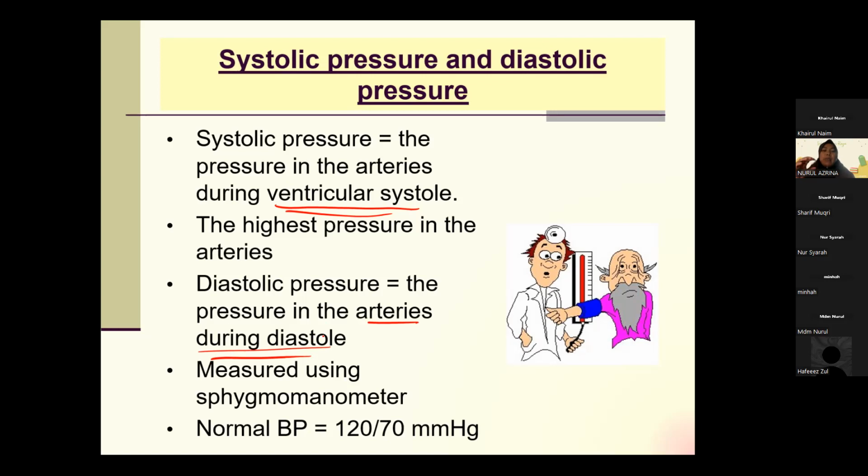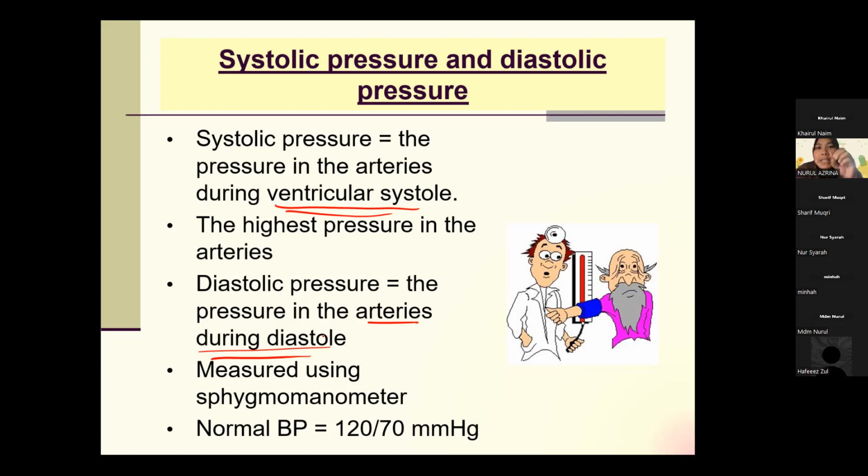That's why whenever we are measuring the blood pressure, we are using this machine known as sphygmomanometer. First, we are going to give some pressure to our blood vessel. Sekarang kita balutkan pakai cuff tu, and we put pressure to the blood vessel. So the blood vessel will be vasoconstricted. At one point, that is the reading of the blood pressure, systolic pressure.